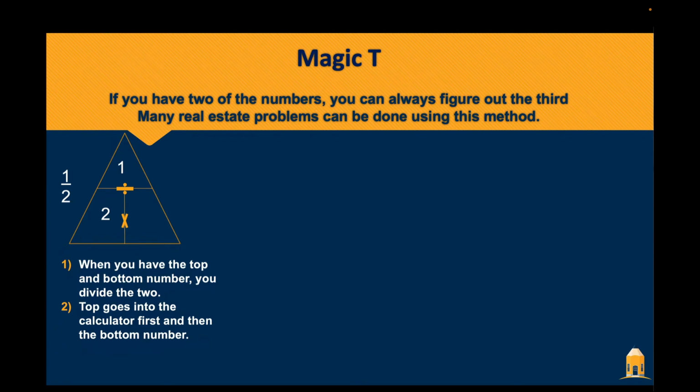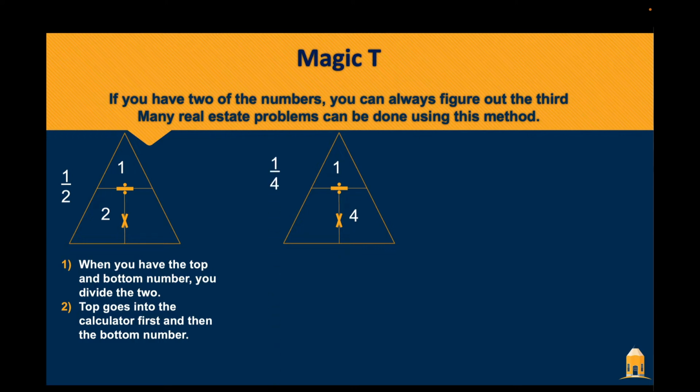Another big mistake that students make is that the top goes into the calculator first. So you would put 1 divided by 2 into the calculator. Well, we can change the T again to where you have 1 on top and 4 on the bottom. Does that change things? No, you're going from top to bottom.